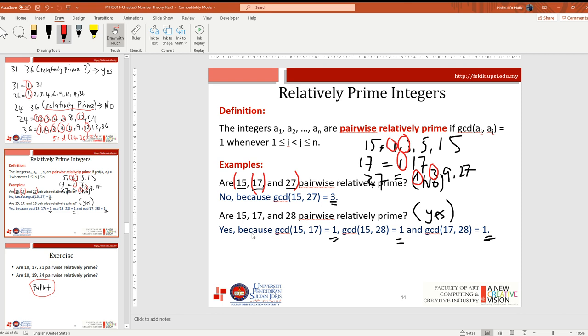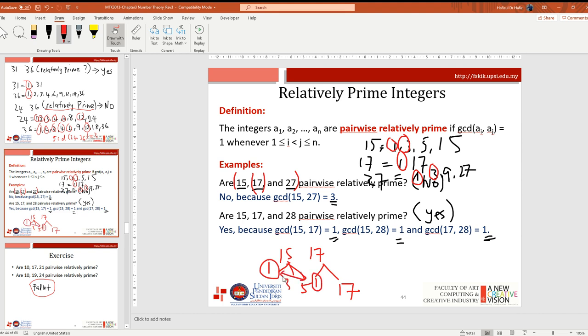Okay, 15 and 17, yes, because we have 1, 3, 5, 15, and 1, 17, only 1.